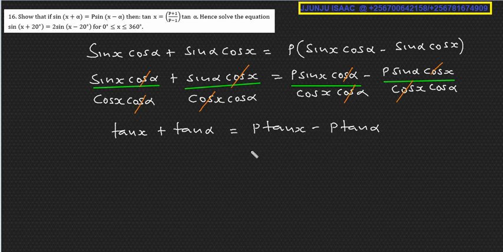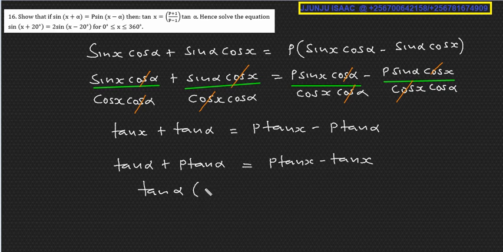So collect like terms. I'm going to get the tan α on the same side, so we shall get tan x, tan α plus p tan α equal to p tan x minus tan x. So when I factorize tan α, I'll get p plus 1 equal to, when I factorize tan x, I'll get p minus 1.